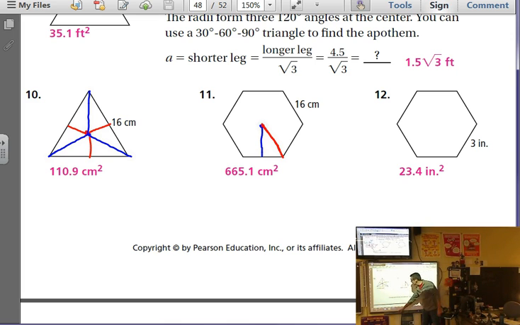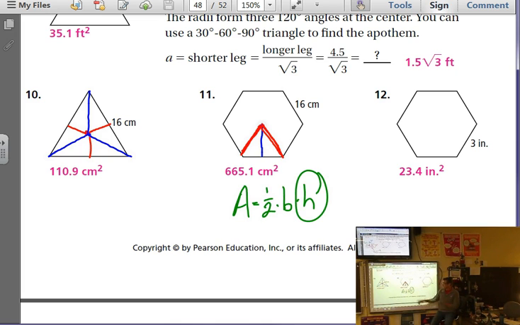Same thing here, except my colors are inverted. If I find the area of this red triangle, I can multiply it by 6 and find the area of the whole thing. So the reason that we use the apothem is that to find the area of any triangle, I have to use the formula 1/2 times base times height, and that's your apothem.